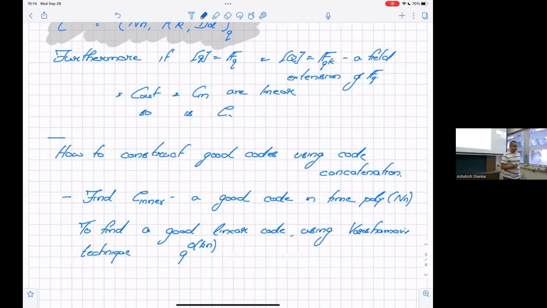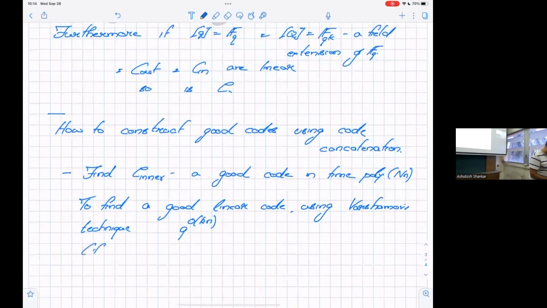So this gives you roughly, this is for our setup, for C out being Reed-Solomon and C in being as above.